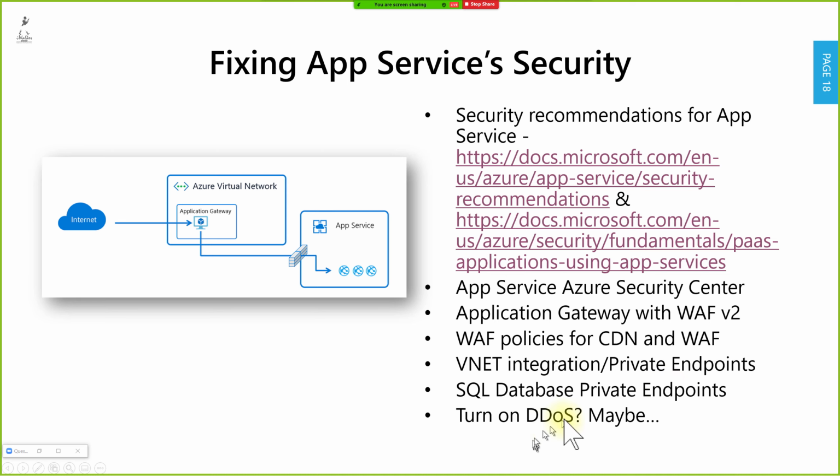And there is a main question about DDoS. On the VNet, there is an option named DDoS. If your application does not connect to the VNet, this option will not work. But if you use VNet integration and the application gateway, you can turn on DDoS from basic to standard at $3,000 per month.